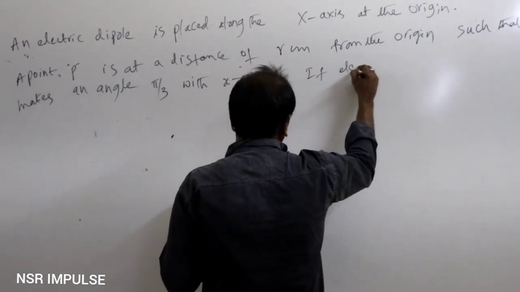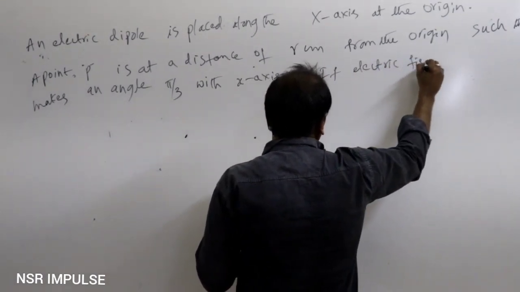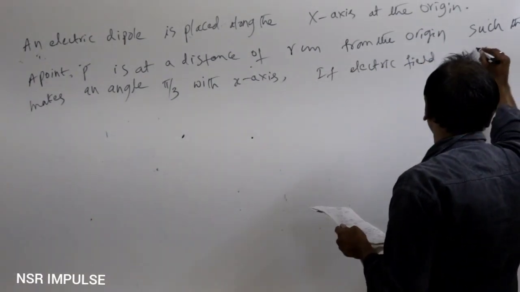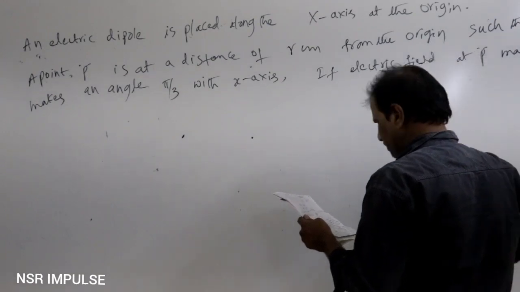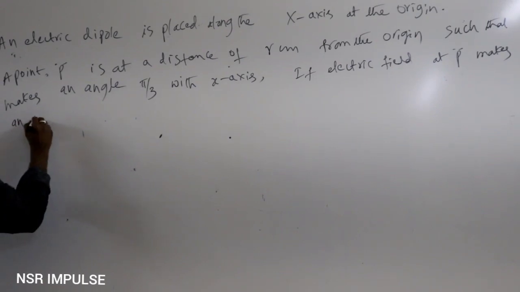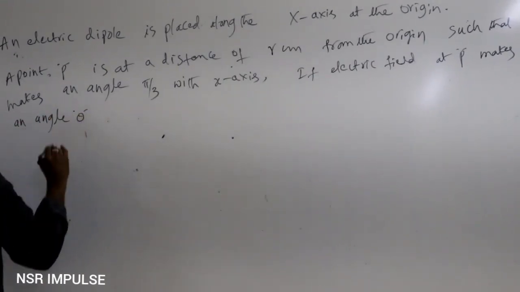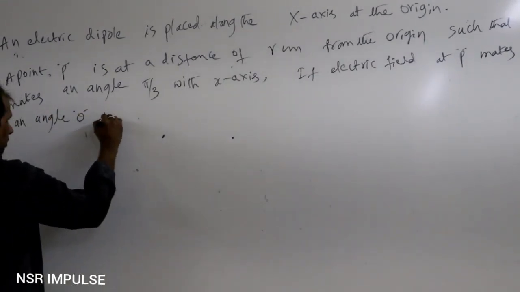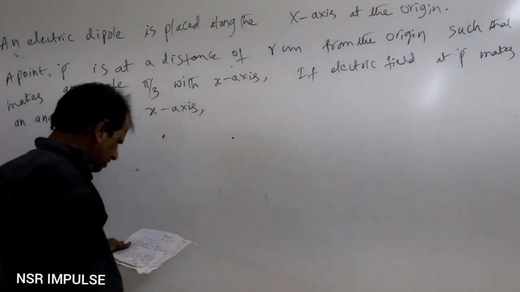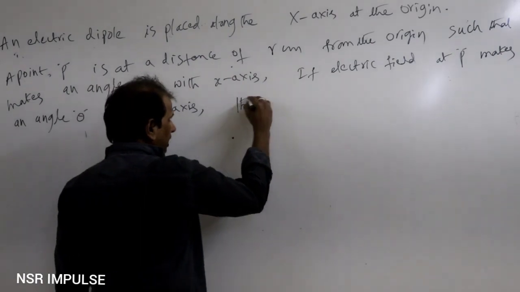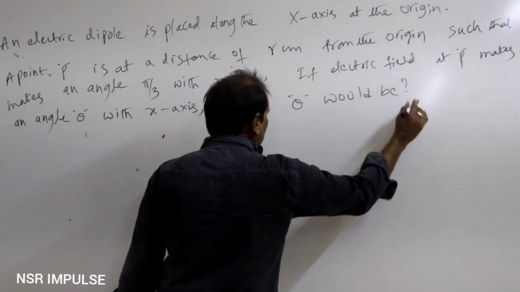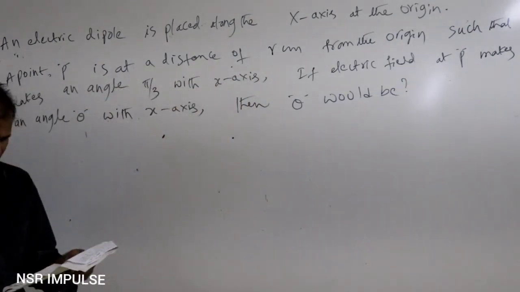If the electric field at P makes an angle theta with the x-axis, then theta would be, we have to find the theta.